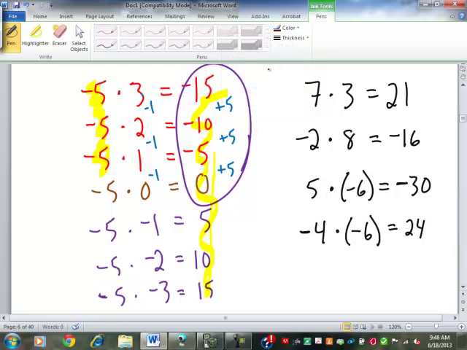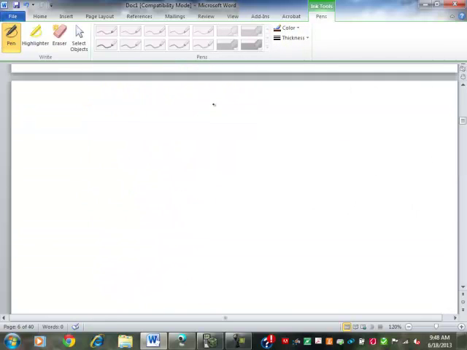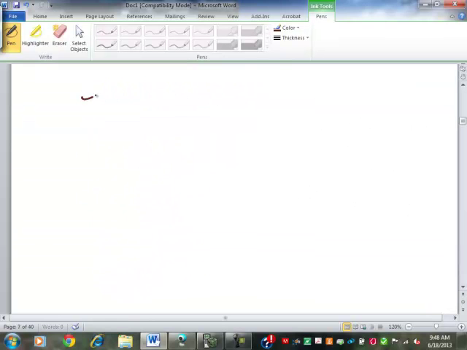Division, we said, follows the exact same rules as multiplication. And it does. If I have a negative divided by a positive, the answer will be negative. Negative 18 divided by 3 will be negative 6.